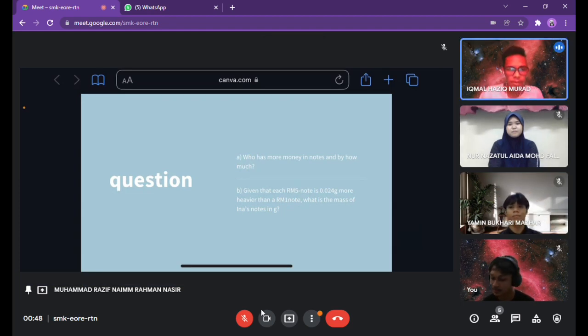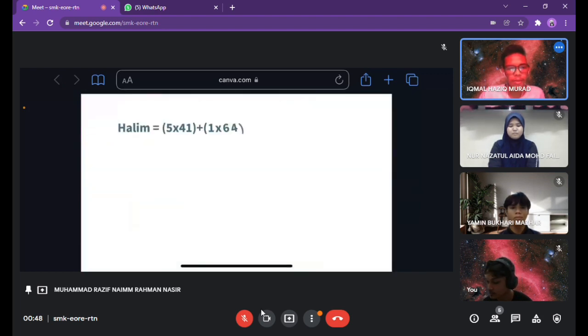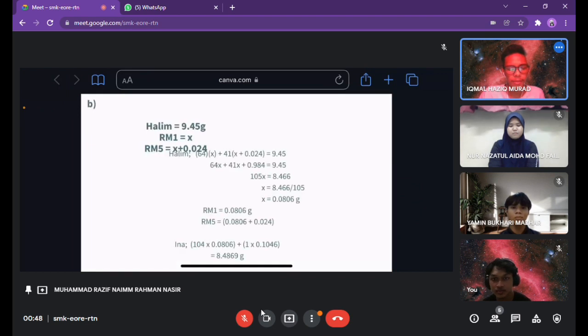Going to question B, given that each 5 ringgit note is 0.024 gram heavier than a 1 ringgit note, what is the mass of Ina's notes in gram? In the statement, we know that Halim's money mass is 9.45 gram.